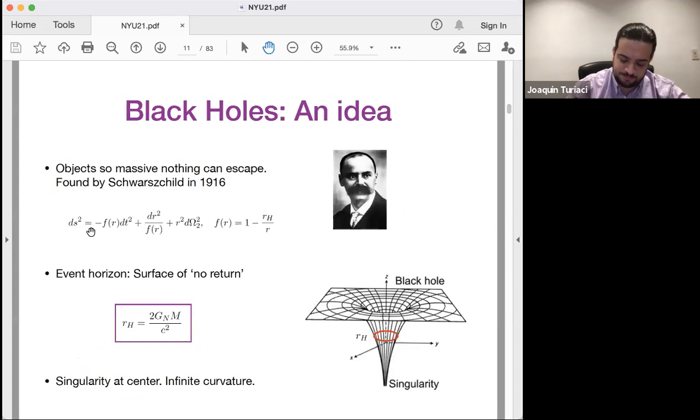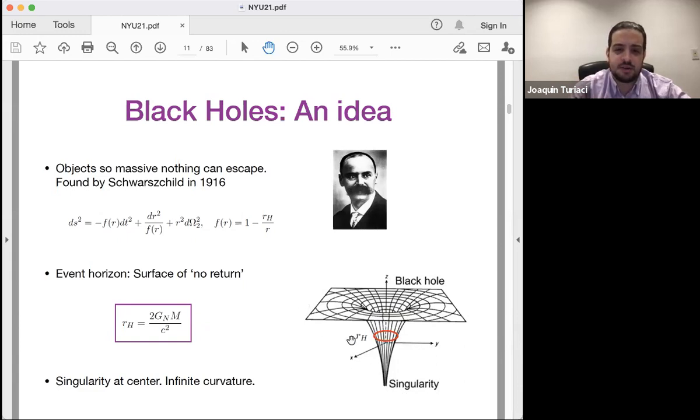Okay, so what are black holes? They started as an idea, theoretical solutions of Einstein's equations, and this is the metric. The gravity field depends on the radius in this way. And this is a picture of how space is curved around the black hole, around the matter that is concentrated here at the origin.